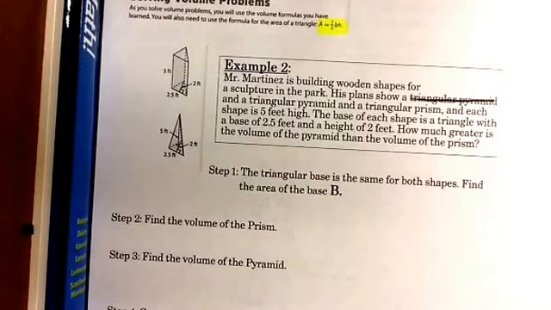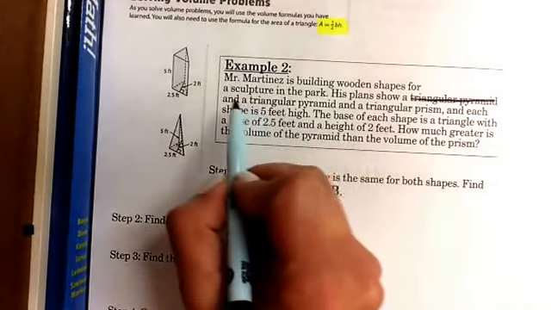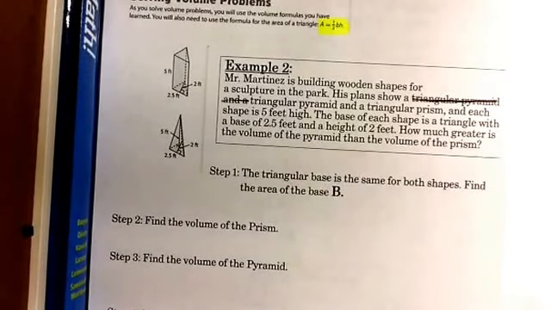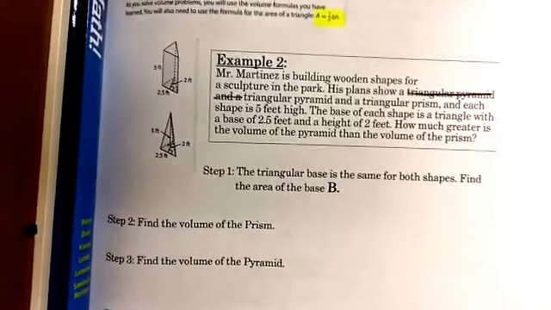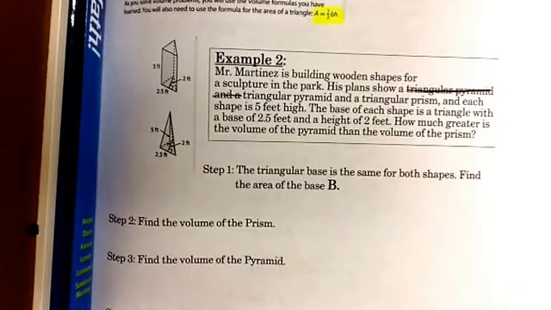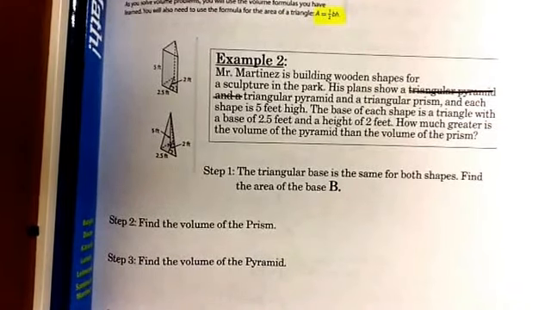His plans show a triangular pyramid and a triangular prism, and each shape is 5 feet high. The base of each shape is a triangle with a base of 2.5 feet and a height of 2 feet. How much greater is the volume of the pyramid than the volume of the prism?